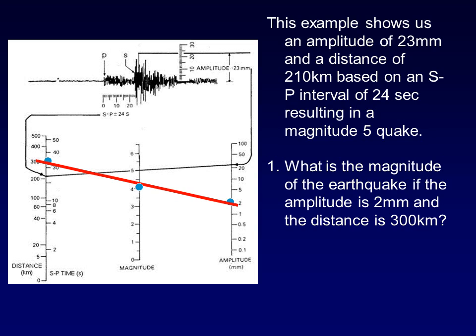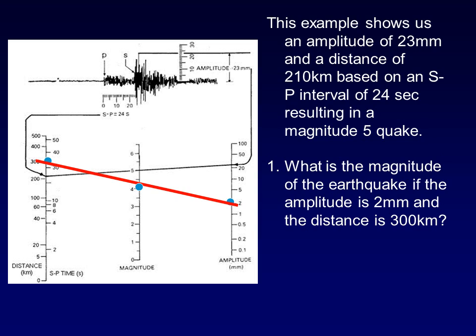The example in this graph, in the black that you have on your notes, is showing us an amplitude of 23 millimeters. You can see that on the right. And a distance of 210 kilometers. You can see that on the left. That 210 kilometers is based on an S-P interval of 24 seconds.